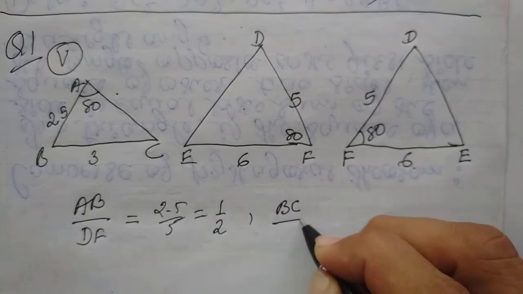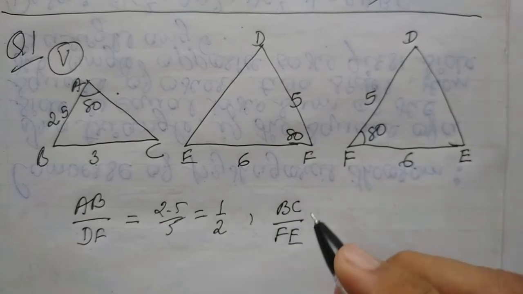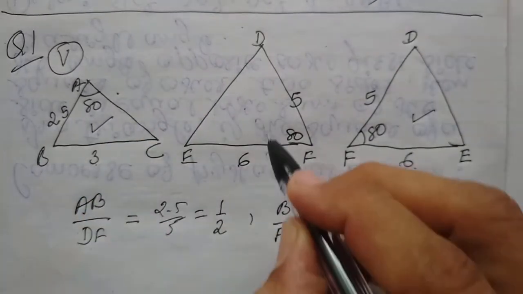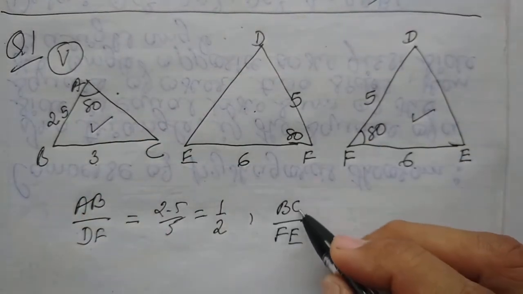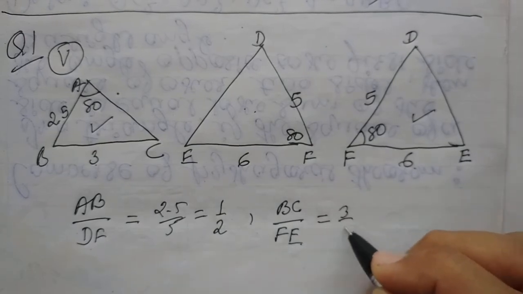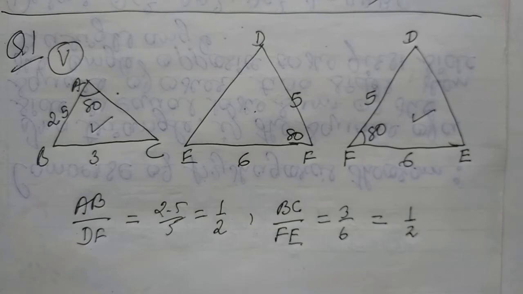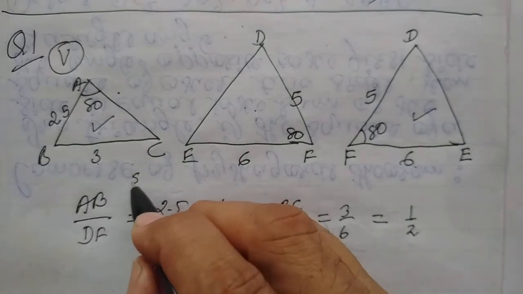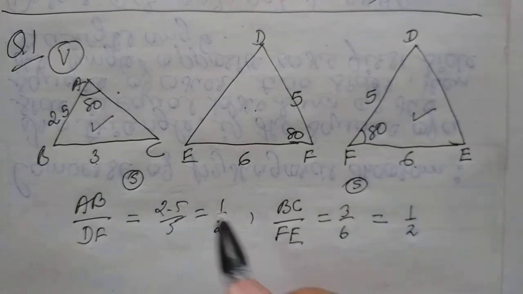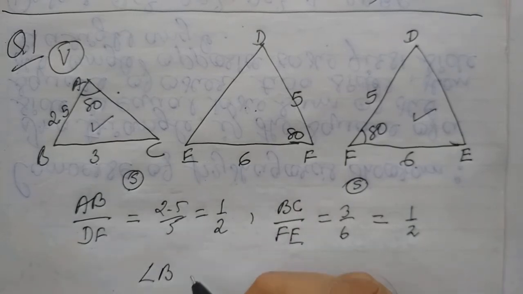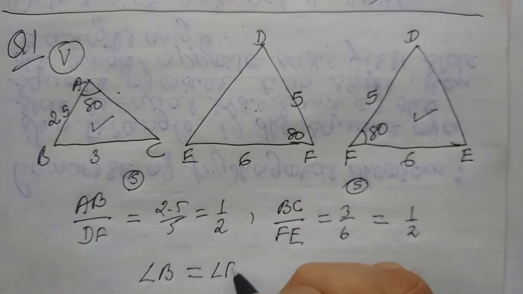Now BC upon FE, children, see this figure and this figure, don't see this figure. BC upon FE, 3 by 6 is equal to half. So two sides, this is a side, okay, this is a side, okay. Now the included angle in between: B equal to F?